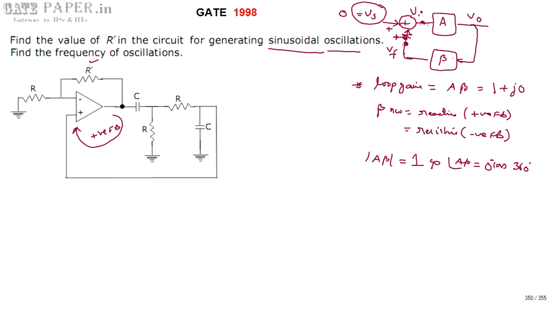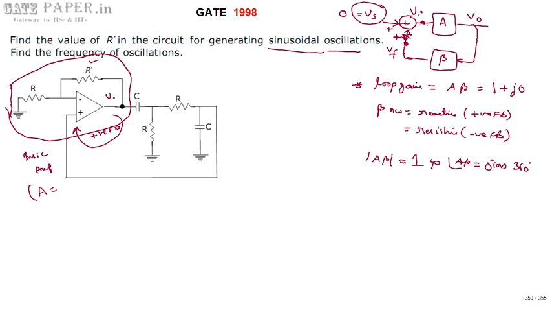Now we will see what is meant by A and what is meant by beta for this circuit. A is the basic amplifier gain. This is the basic amplifier, whose gain is A, that is output divided by input.